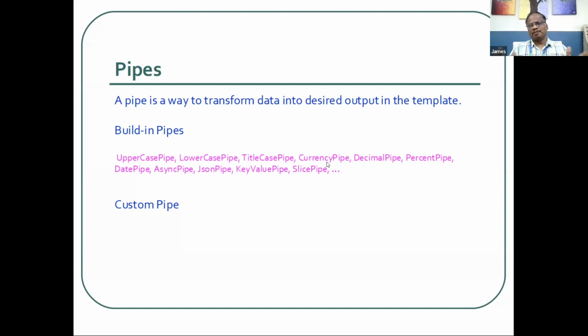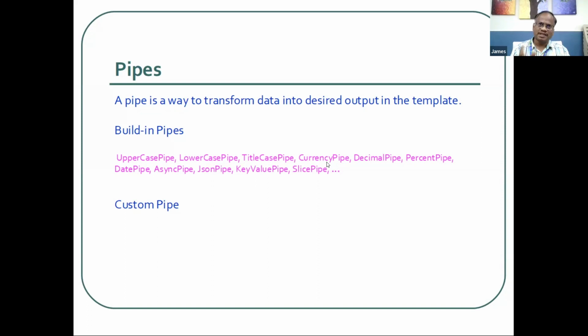These are all built in, developed by Angular for us. Otherwise, we would need to write some code, like calling name dot to upper, right? Instead of that, we can easily transform data to the desired output. This is called pipes. This is built-in.